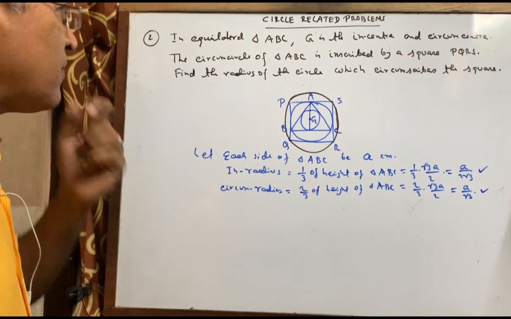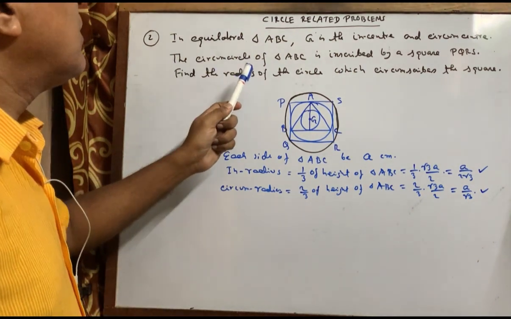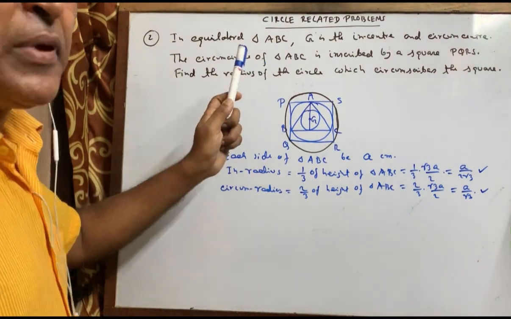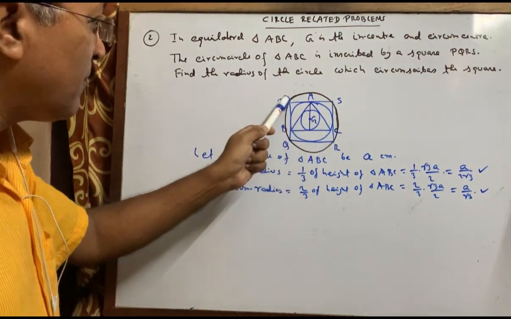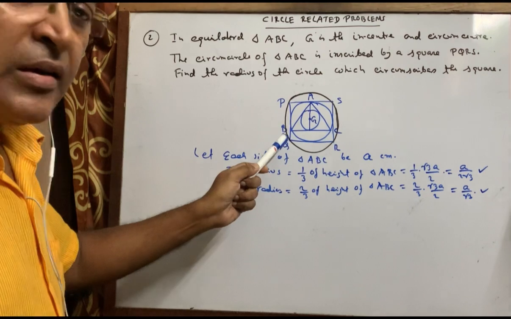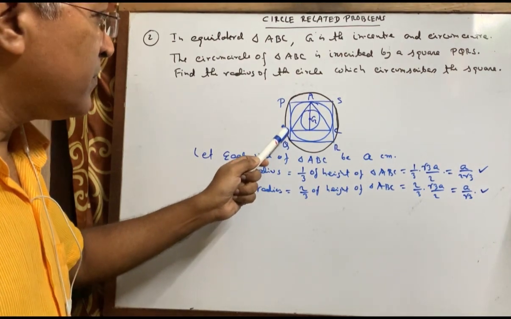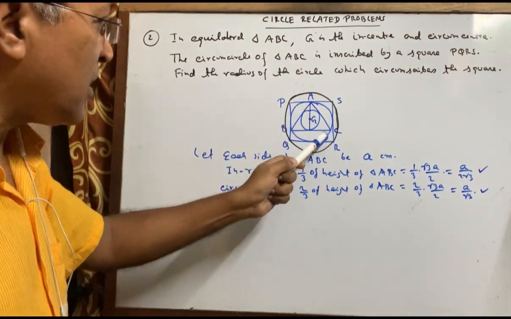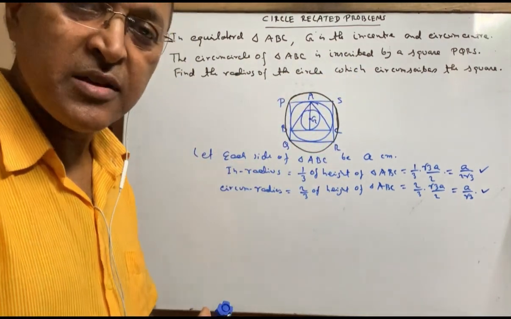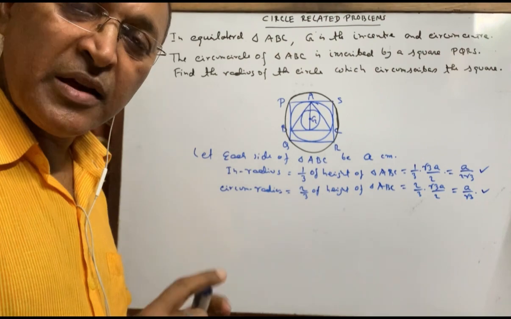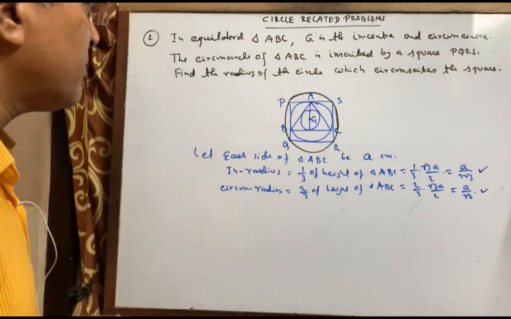Now what to find out? Square PQRS circumscribes the circumcircle. That is, circumcircle inscribed by square means the square circumscribing that circumcircle.